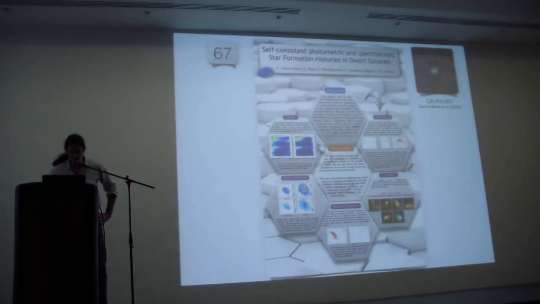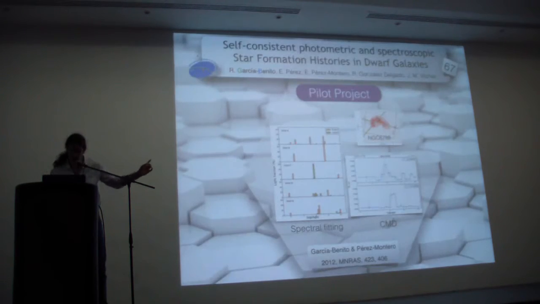In this work, we needed to perform a self-consistent study of blue compact dwarf galaxies, studying metallicity, stellar properties, and gas. But the key point of the study is to compare two tools we use to derive star formation histories and study galaxy evolution, presented in this pilot project where we compare the star formation history from CMD and from stellar fitting.